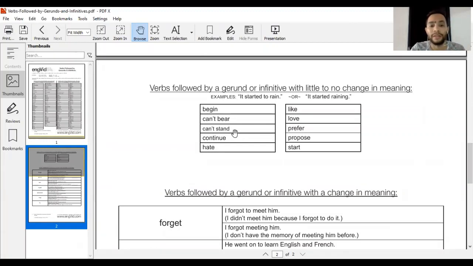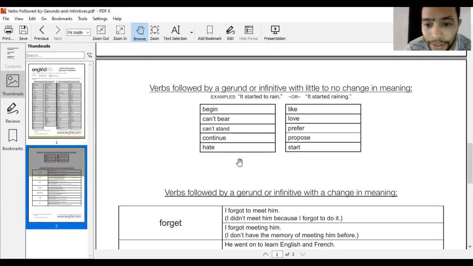What are those verbs? They are begin, can bear, can stand, continue, hate, like, love, prefer, propose, start, and finish can also be there.